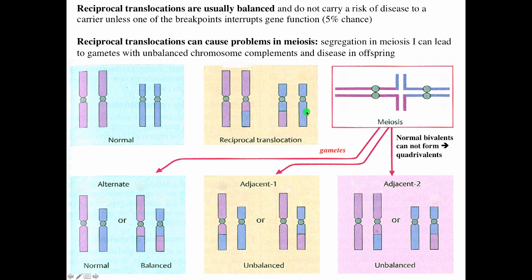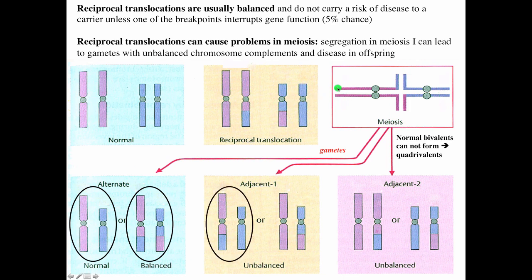So here is an example of normal segregation, whereas this chromosome segregates with that chromosome. Here is a balanced segregation, where this one segregates with that one. But then you can see the unbalanced ones, where this will segregate with that, or this one will segregate with that one.